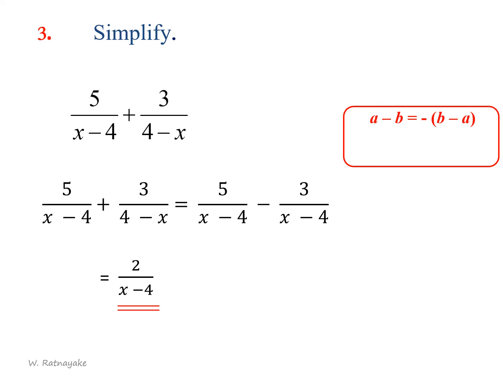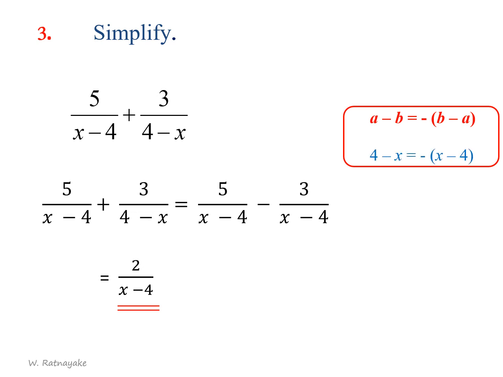So this result is very important in algebra. If an expression is a difference of two algebraic terms, we can change those terms, taking minus 1 as the common factor. So we can use this to 4 minus x also.